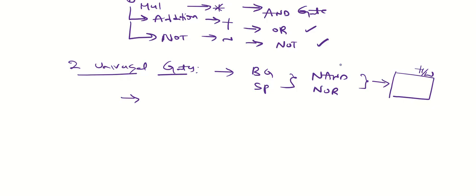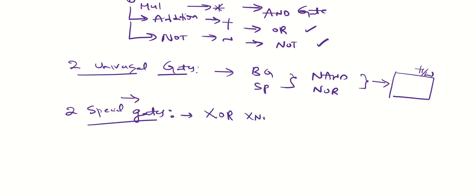The next 2 gates are the special gates. These 2 special gates are called XOR and XNOR.